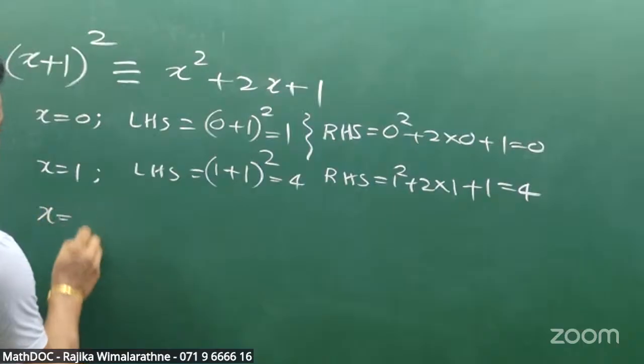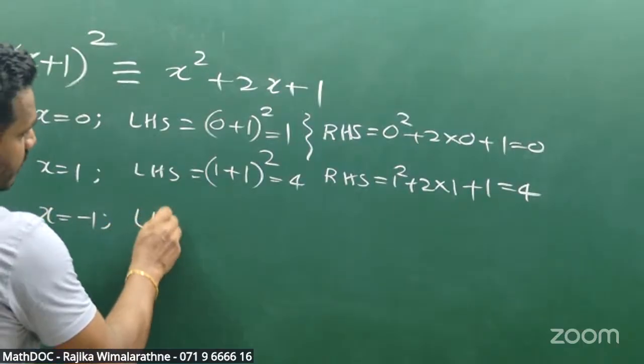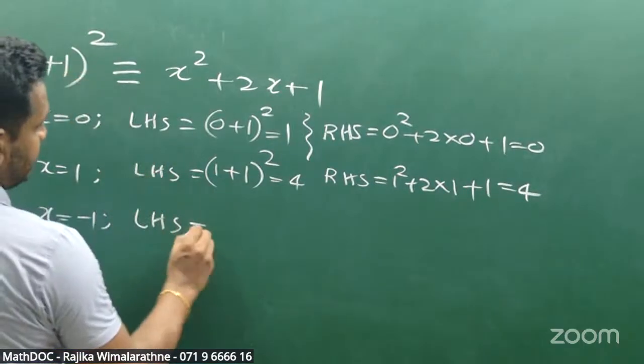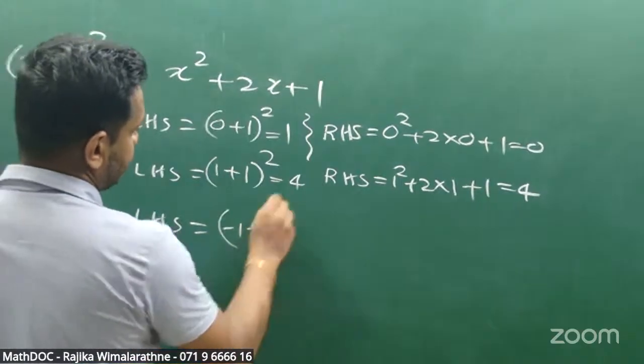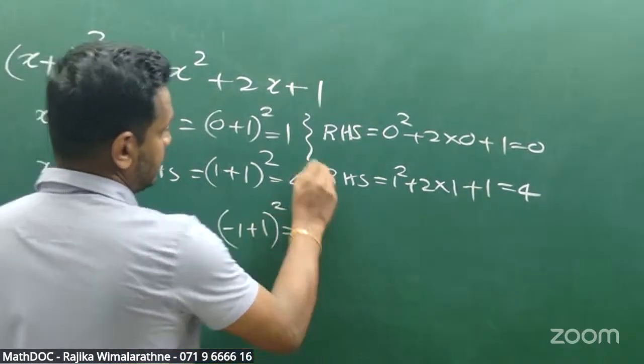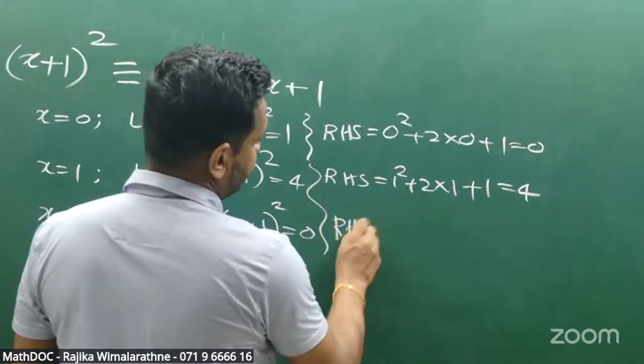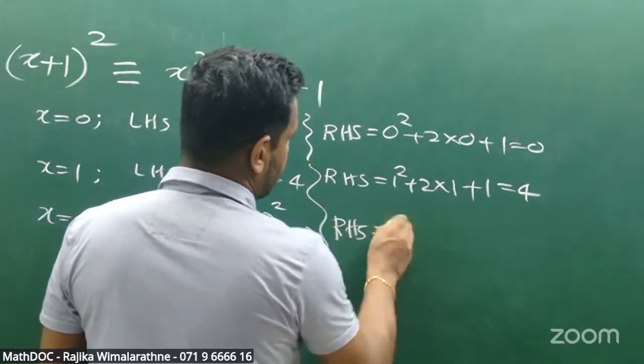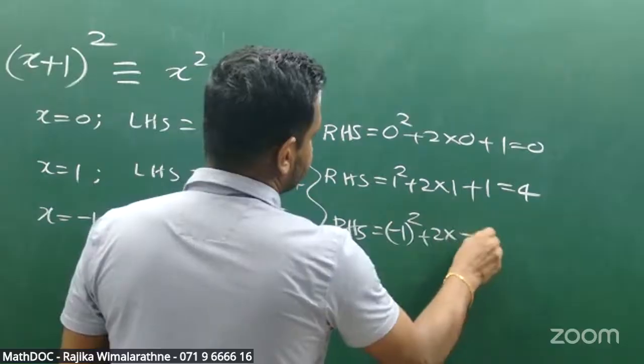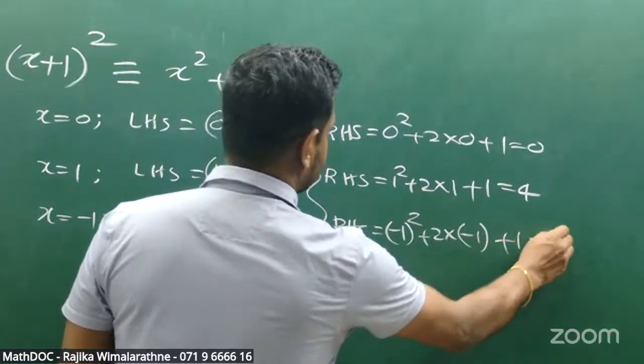Take x equals minus 1: left hand side, minus 1 plus 1 squared is 0; right hand side, minus 1 squared plus 2 times minus 1 plus 1, we get 0.